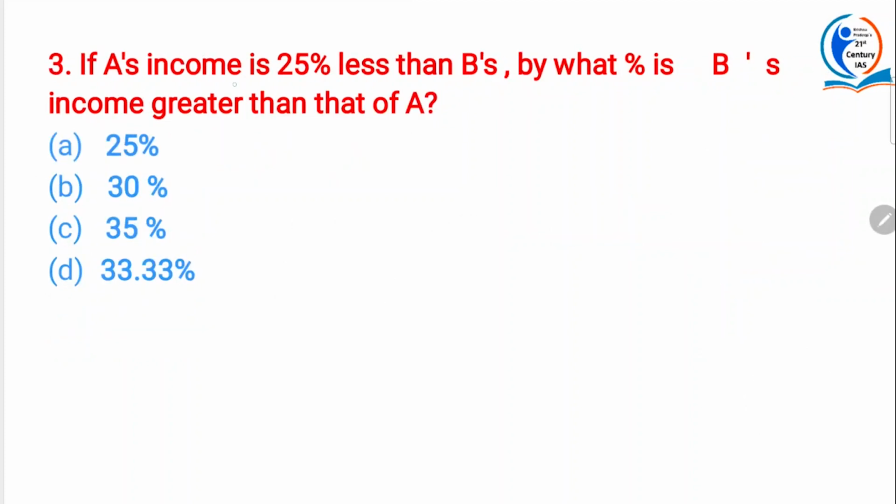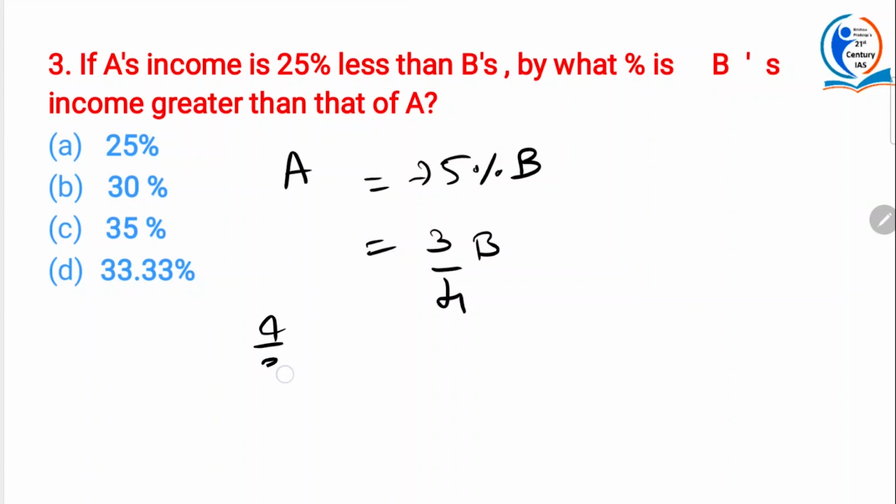If A's income is 25% less than B's, by what percent is B's income greater than A? Now, he's saying that A's income is 25% less than B, which means A's income is how much? 75% of B's income. In terms of fraction, it is 3/4. So, now what is B?